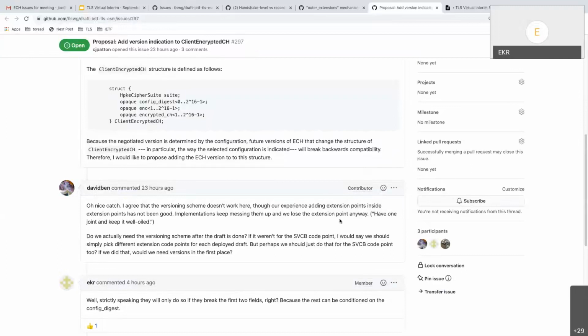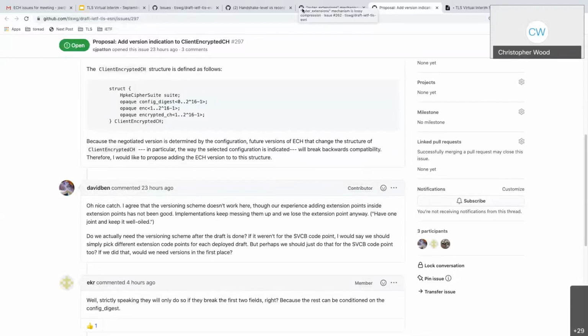I think I would agree as well. The first two fields being invariant seems pretty sane to me. I don't think it's documented anywhere that we expect these two to not change, but we could do that. And if we need to make something new down the line because we want to change the invariants, we just use a different code point.